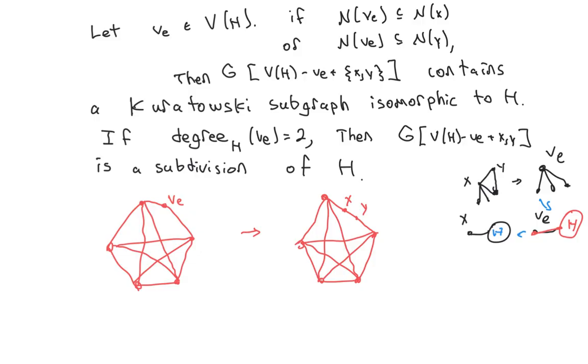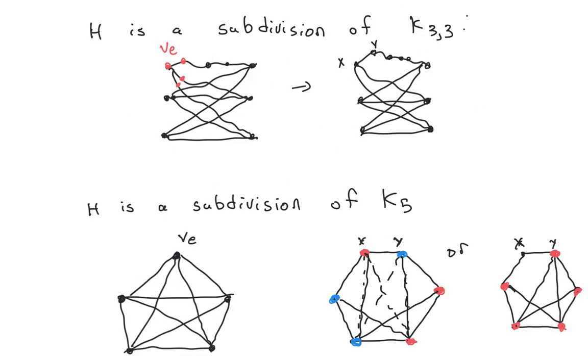So this means we need to be looking at the case where the vertex VE has degree higher than 2 in our Kuratowski subgraph. And this is the final case where we start to actually have to look at H and whether it's a subdivision of K33 or K5.